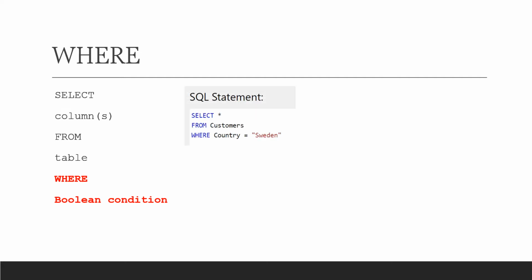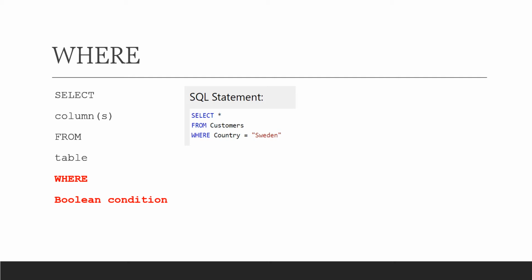So here I'm selecting all the fields from the customer table where the country equals Sweden. So country equals Sweden is a Boolean condition, and this statement will print out the details of customers where the country is Sweden. So the command has this form.